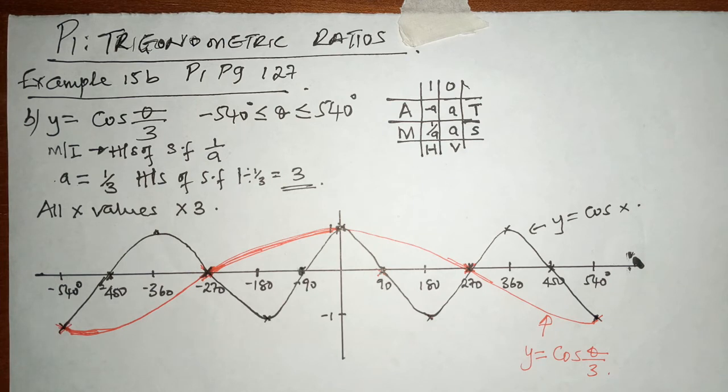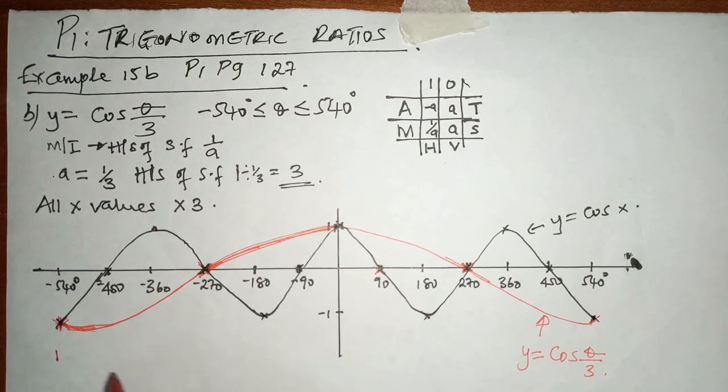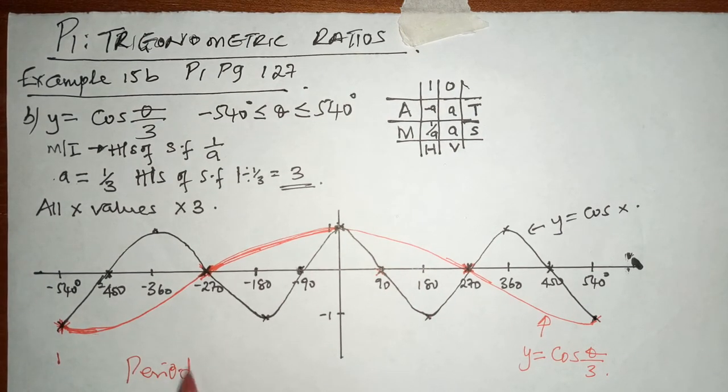The graph of y equals cosine theta is stretched horizontally with scale factor 3. The period of the cosine of theta over 3 is actually 1080 degrees, because from this point it goes up and gets back to the same point. It is minus 540 to plus 540, and the period is 1080 degrees.